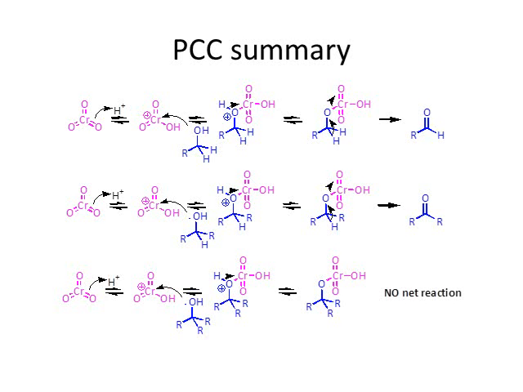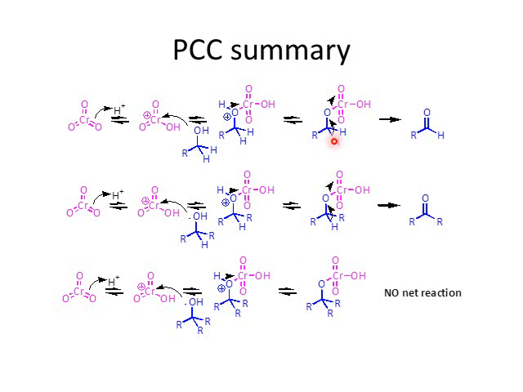So let's summarize this. Notice with each of these cases, if I treat an alcohol of any stripe with PCC, a series of equilibria will happen to make the chromate ester. So there's this series of reversible steps making the chromate ester.